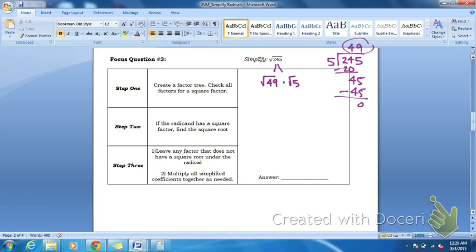If you multiply those, you get the original, but we are trying to go forward, not backwards. So the square root of 49 is 7. Since 5 is a prime number, that just drops down. So we have our answer: 7 radical 5. All we're trying to do is get it to this point.